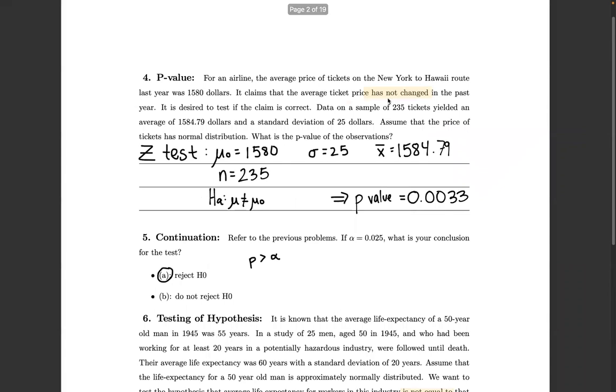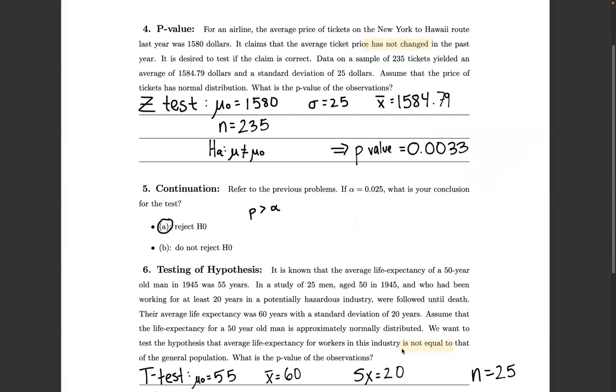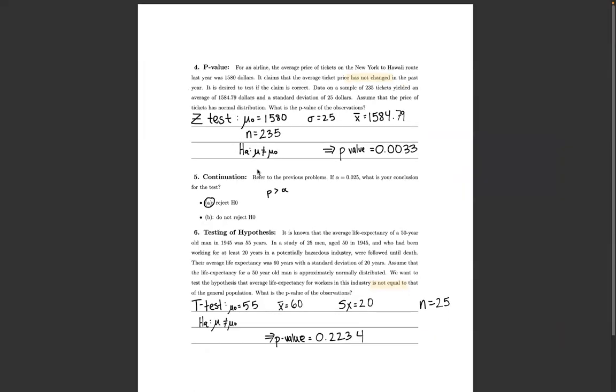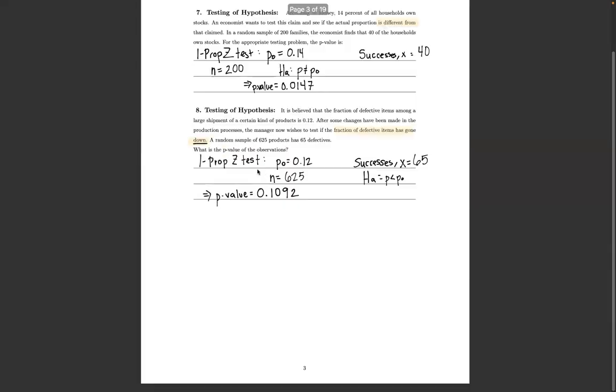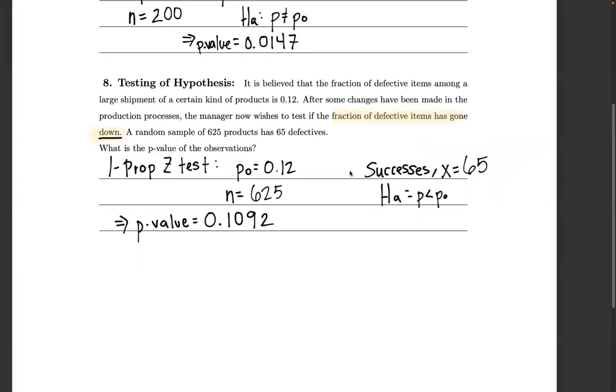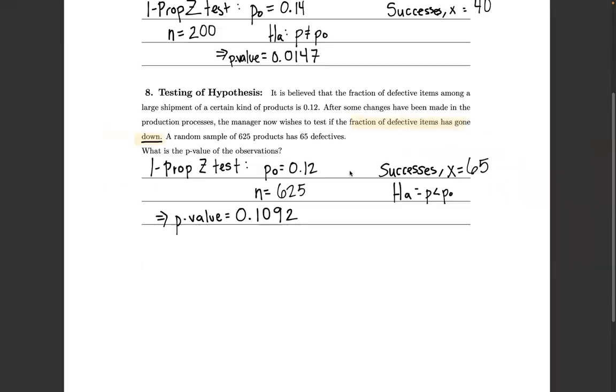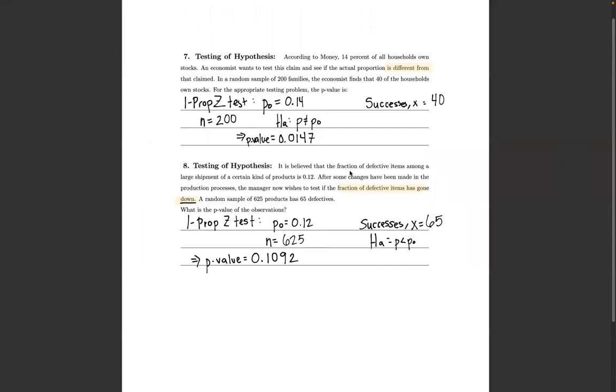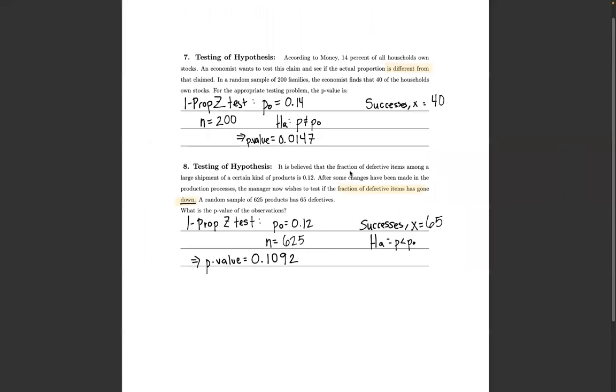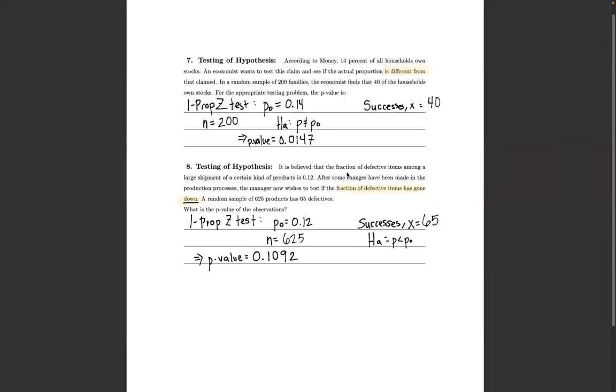Sorry. The previous page is different from, has not changed, is not equal to. So all of those keywords would imply that our alternative hypothesis would have a not equal to symbol as opposed to a strictly less than or strictly greater than. So those are some keywords to look for when you're approaching these problems.